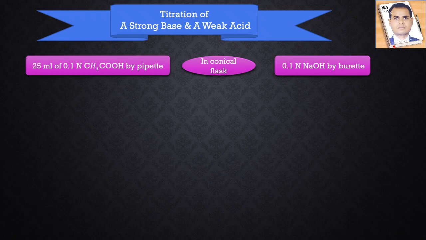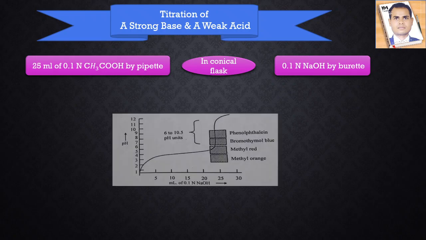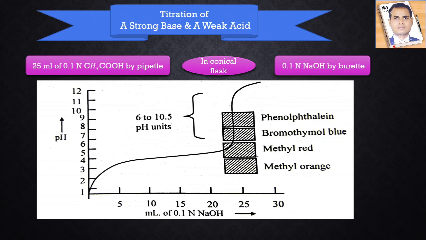The curve will be in this way. You can see the pH on the y-axis and the added NaOH on the x-axis. When you add the base into this acetic acid, the pH increases like this. Now we have to see this curve in detail, stepwise, like in previous lectures.